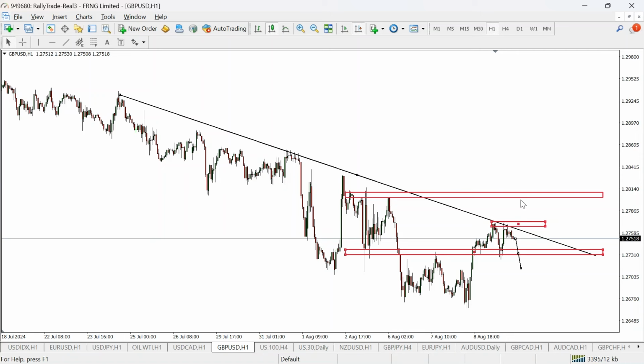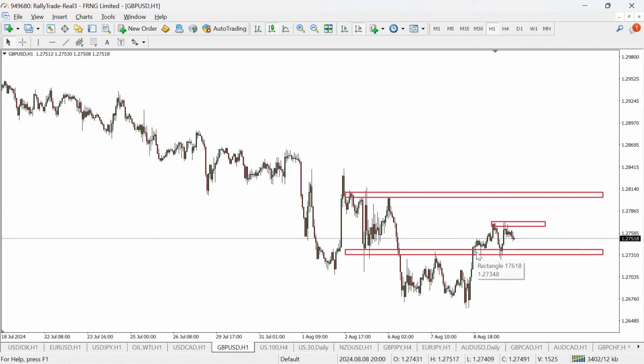The market may want to trade all the way back to the upside before it falls. But for the fact that the market is still below this trend line, I would be much more confident to trade when the market breaks below this level. Now, since I've analyzed this, I can delete this particular one. Sorry about that.